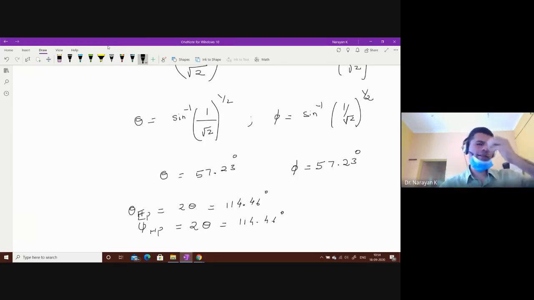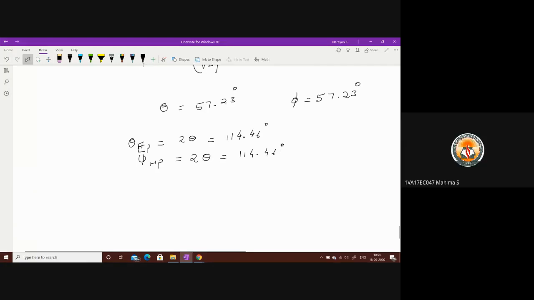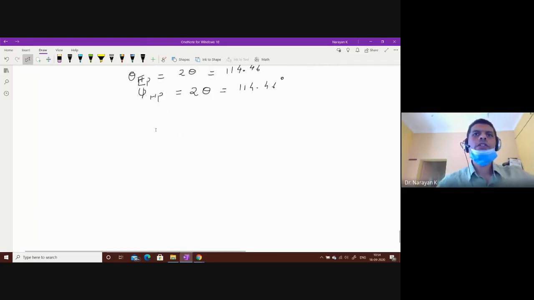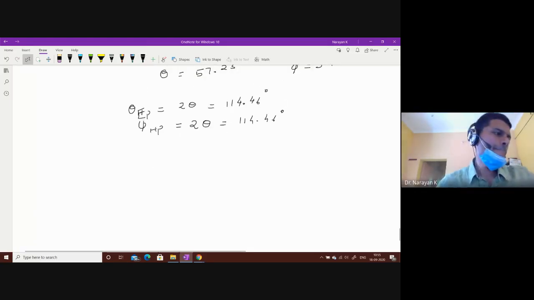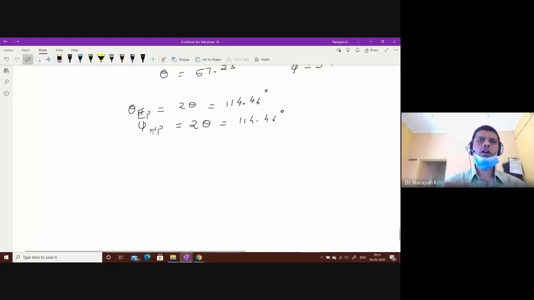See, whatever you get for theta and phi, your theta HP and phi HP is 2 times that. Previously, in the beam area calculation we have done like that. Remember? Yes, sir. Okay, very good. Remember all of you? Yes, sir. Very good.